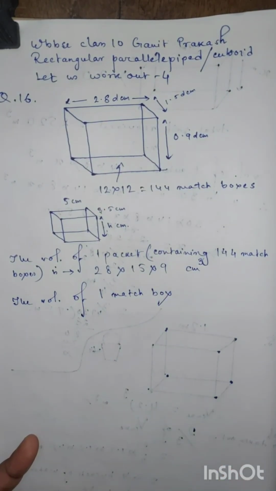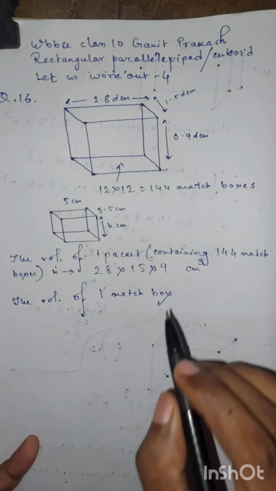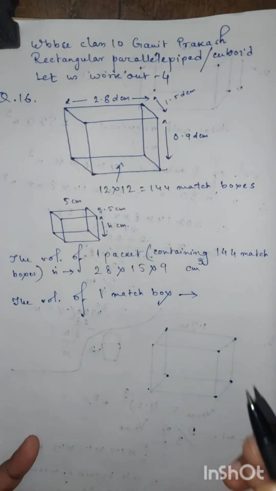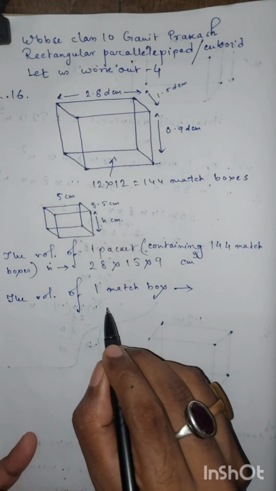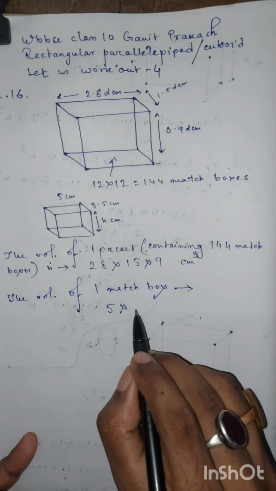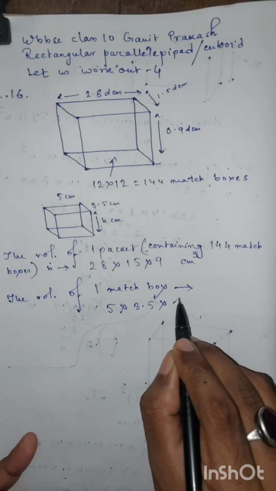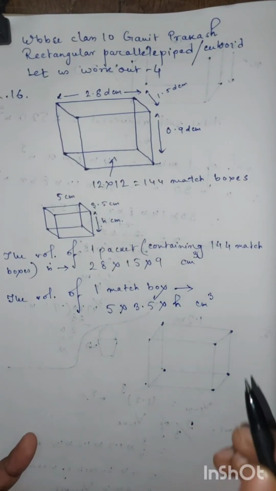The volume of one matchbox is equal to 5 into 3.5 into h centimeter cube.